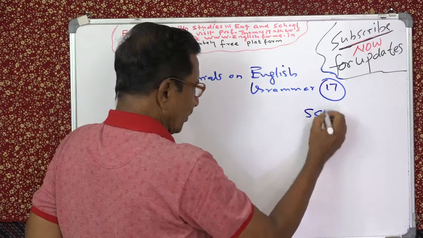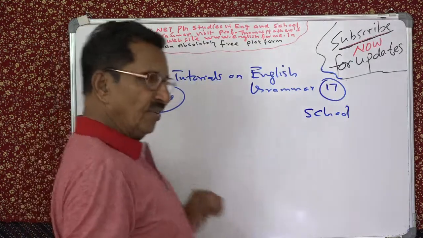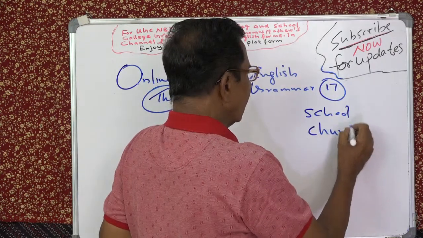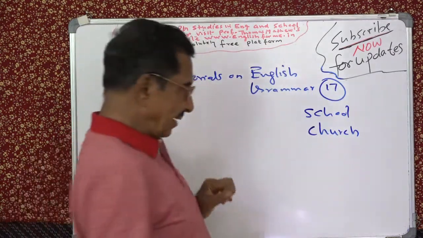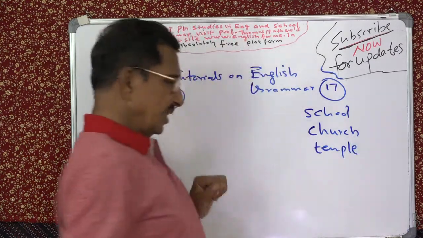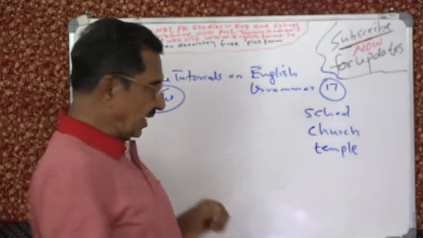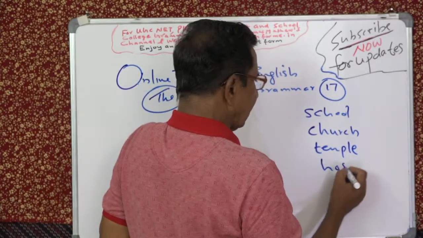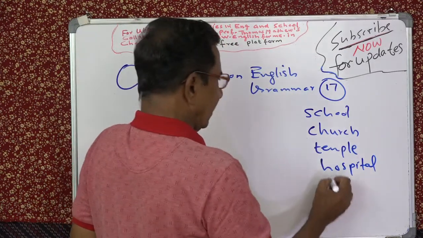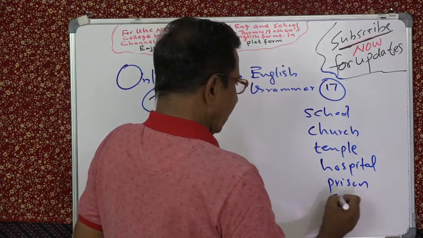Now you have seen school, church. You go to church. Temple, hospital. These are words known to you. Prison, synagogue.